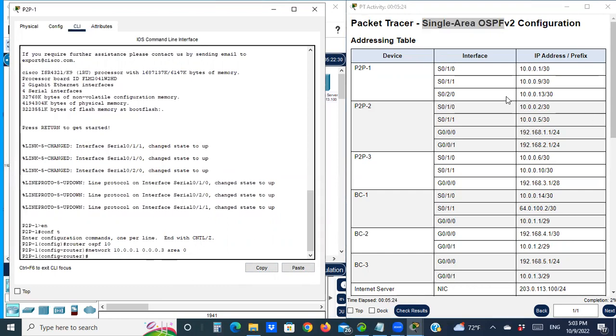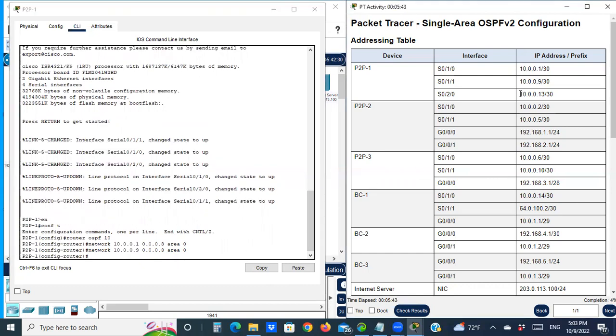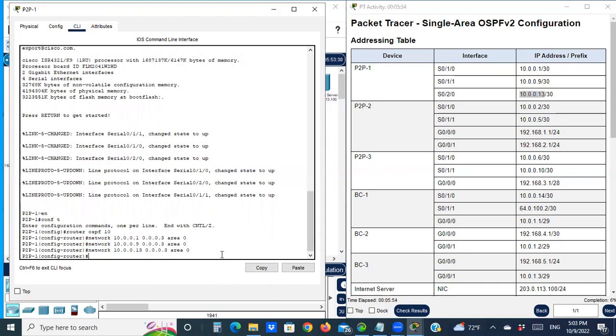Second network is 9, so we change it, 9.0.3. Third network is 13. Let's change to 13. So this is P2P1, 3 statements, perfect.